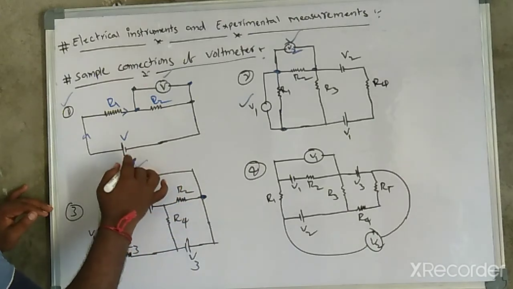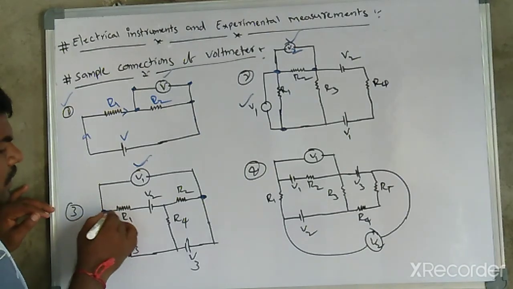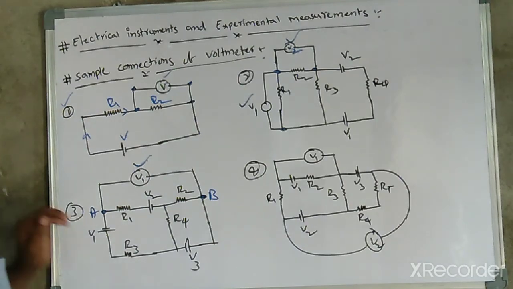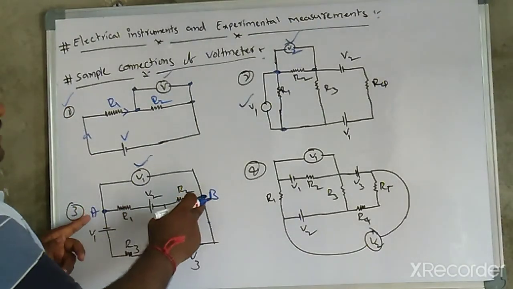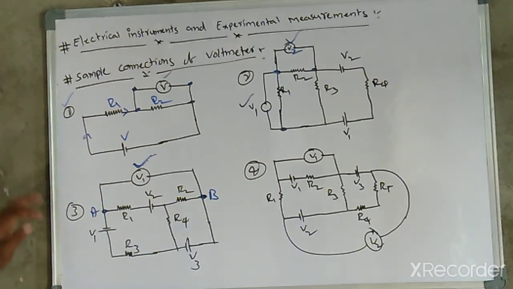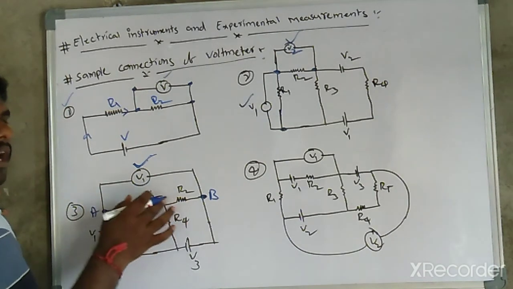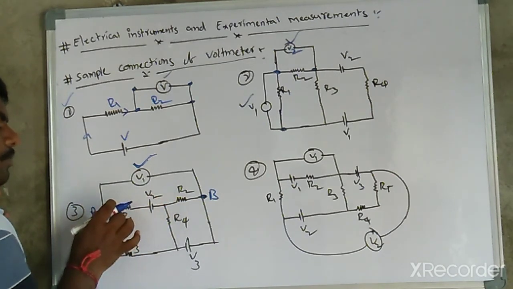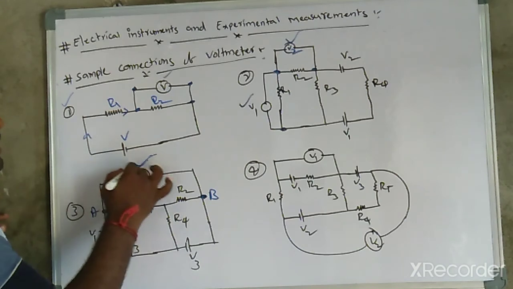Let us count this point as A and this point as B. In between A and B you may apply KCL equations and find the potential between A and B. That shows in the voltmeter reading. It is simple like that. If you know the KCL or KVL rule, you may apply it here and find the potential drop across A and B. That value should be equal to the voltmeter reading.